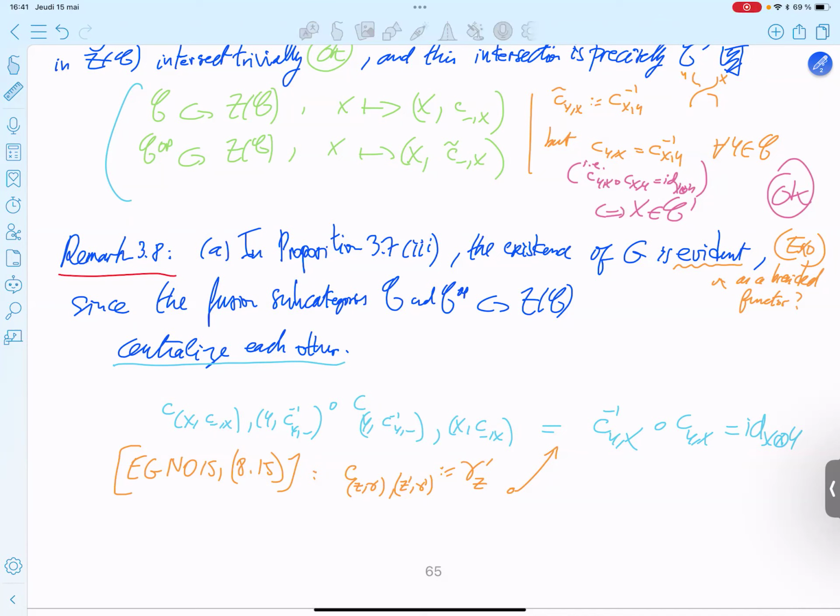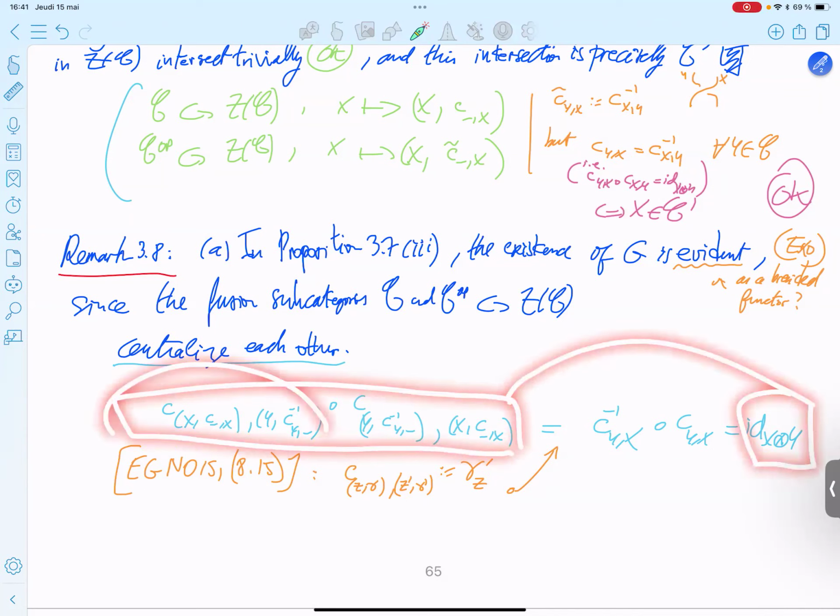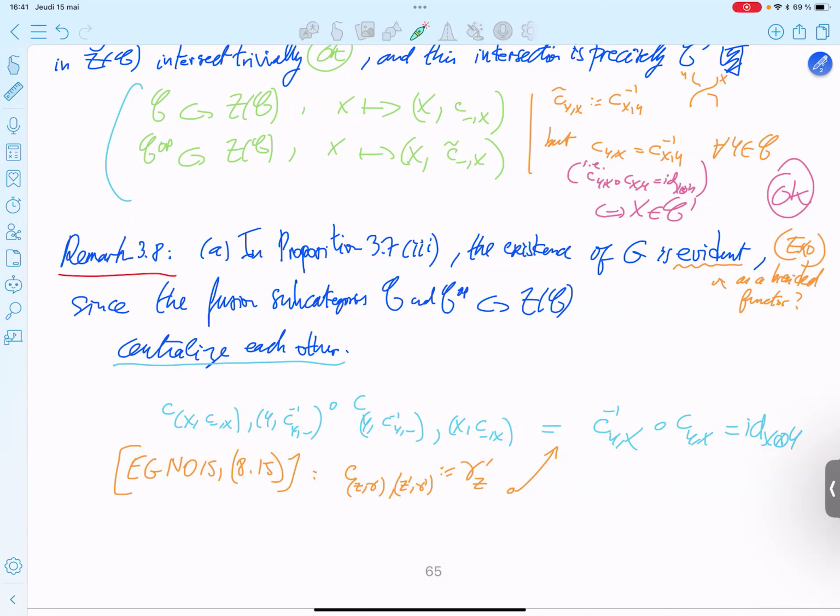I forgot to recall why they centralize each other. To prove they centralize each other, you have to prove that this is equal to that. But if you look carefully, this is not a double braiding. This is just a morphism and its inverse. We have an isomorphism and its inverse, so this is automatically the identity.